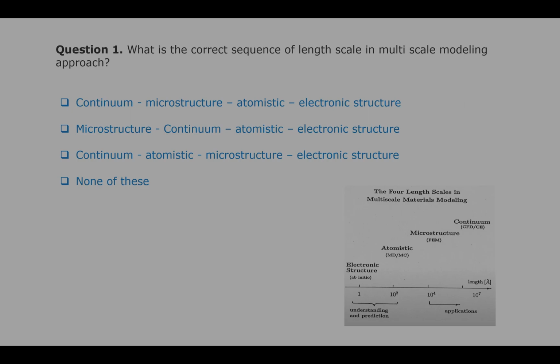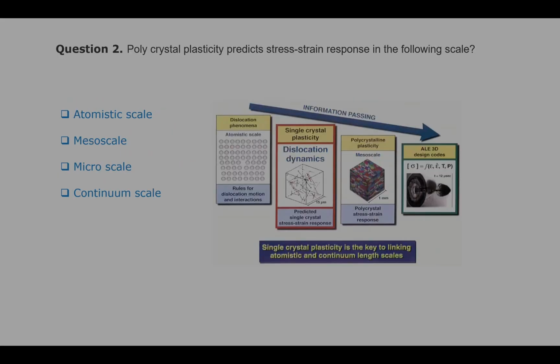So the correct sequence of length scale in multi-scale modeling approach will be option number first, because continuum is coming first, the higher level, then microstructure second, then atomistic third, then electronic structure.